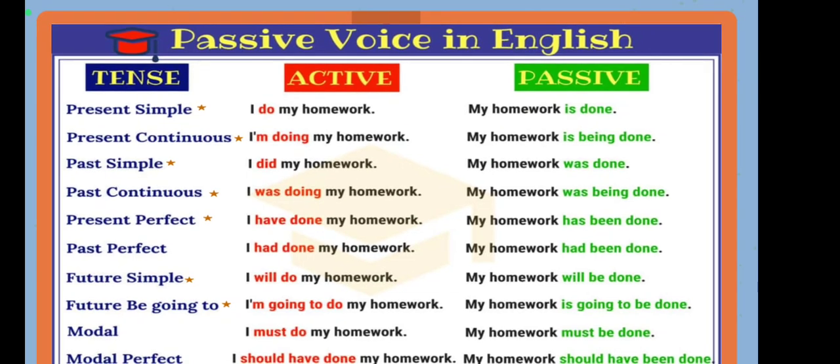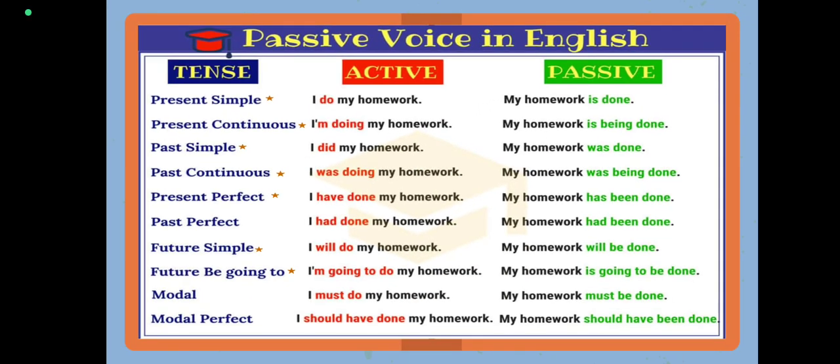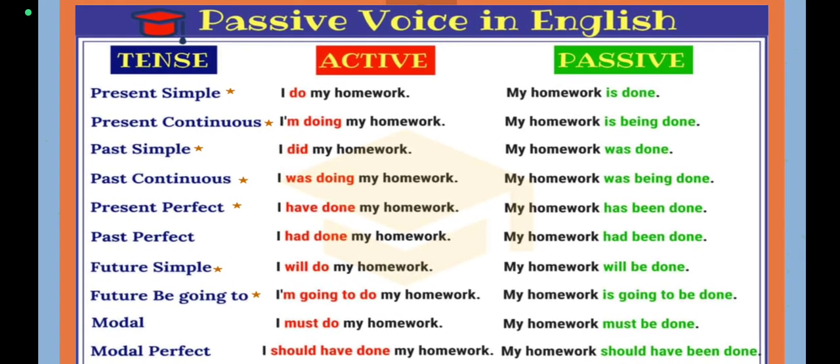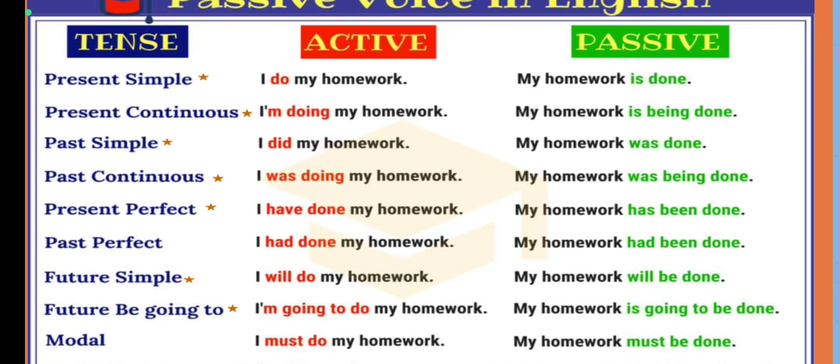Now let's take a look. Let me explain this. You already know this. I do, I am doing, I did, I was doing. This is pretty easy. Now let's take a look. When we have a present tense, we use the present when doing the passive voice.